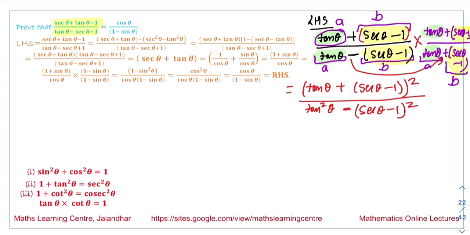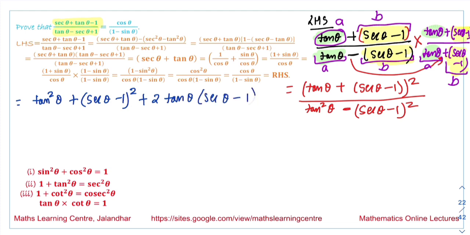When we open these squares, the answer will be in the form tan square theta plus secant theta minus 1 whole square plus 2 tan theta into secant theta minus 1. Considering this term as A and this whole term as B, it is A square plus B square plus 2AB.